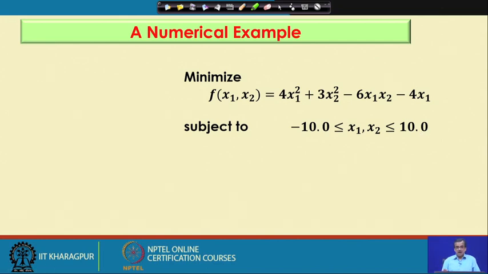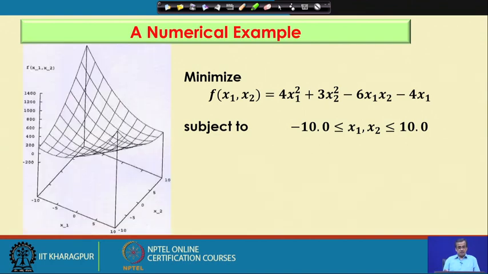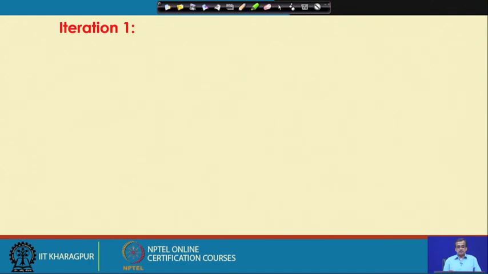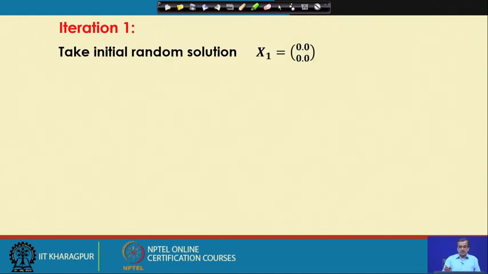So, this is an unconstrained optimization problem and there is no functional constraint here. Now, this shows the function plot, and here we will have to find out the minimum point. Iteration 1, we take the initial random solution, that is capital X1, that is 0 0.